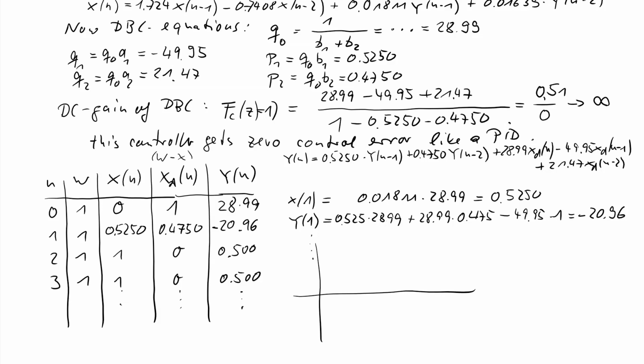Controller output in blue is a very large impulse here, a very large negative impulse here, and then a very small value here. So this is 28.99, this is negative 20.96, and this ends in 0.5.